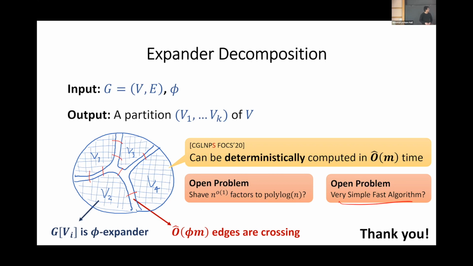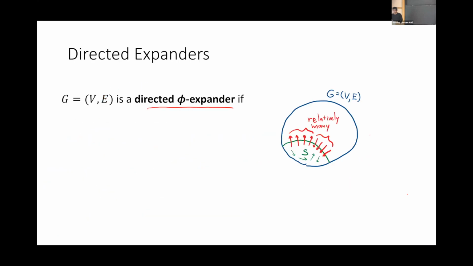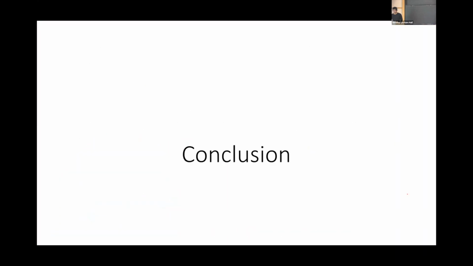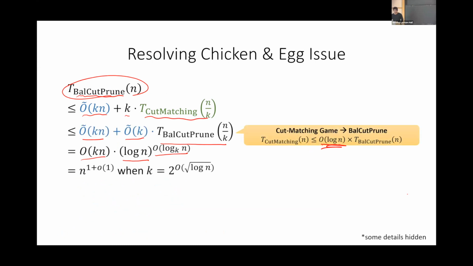The bottleneck is that when I do this k-way recursion, you need to set k to be big enough to balance the two terms.